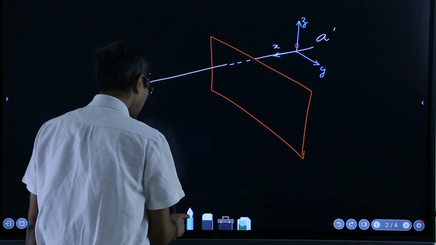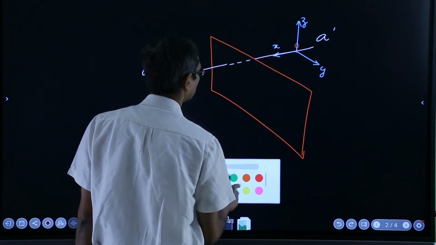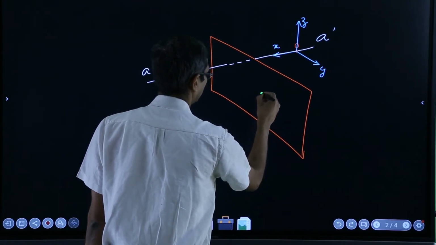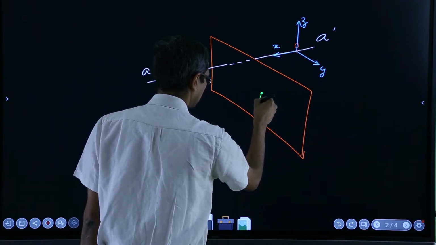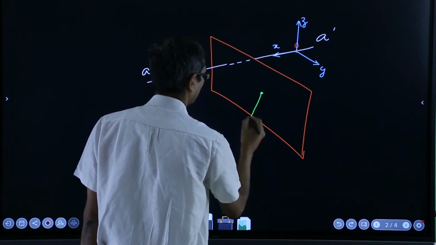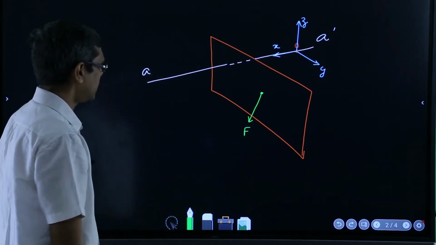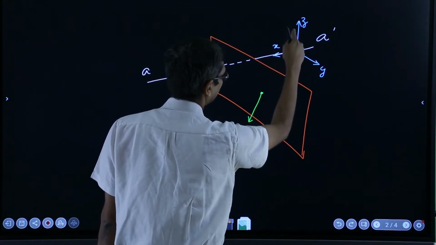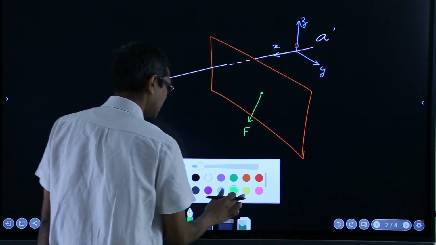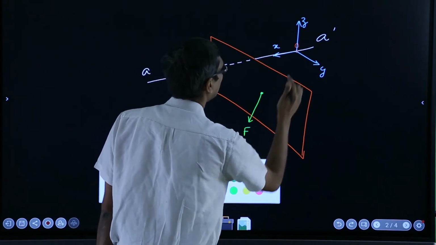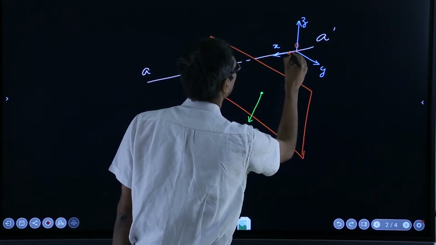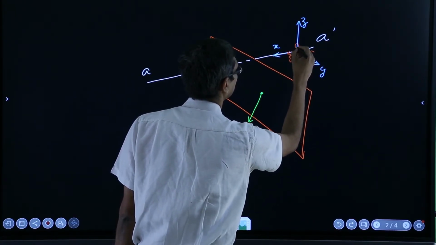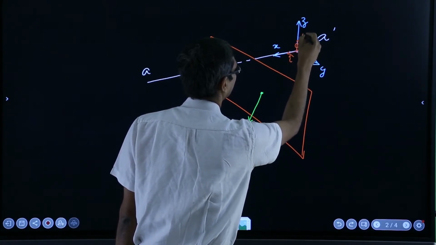Now, let the force which is acting at the point here be given like this. Okay. Now, what we do is we will resolve this f along the three components in the direction of x, y and z, and before that let me put even the ijk's in this direction. This is i, this is j, our unit vectors have been fixed, and k.